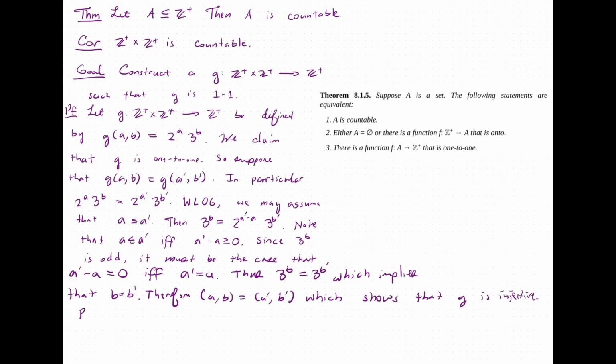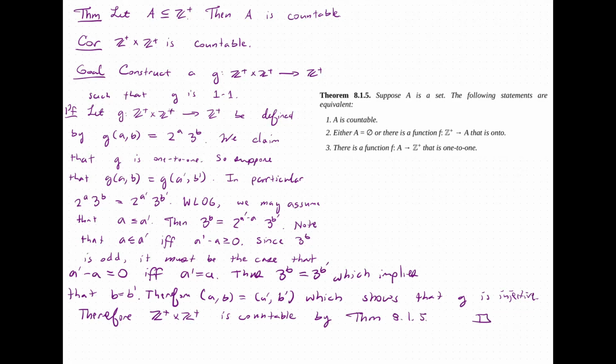So by theorem, therefore, we take the Cartesian product of the positive integers with itself is countable by theorem 815. And so we're done.